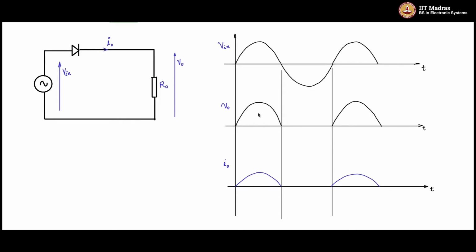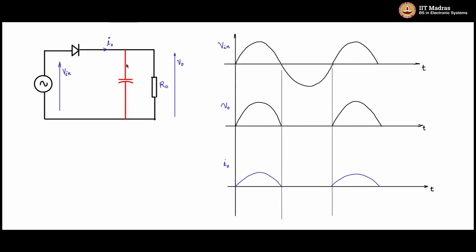In order to smoothen this varying unidirectional output waveform, we need to put a filter across the output. One of the simplest filters that we can put is a capacitor.